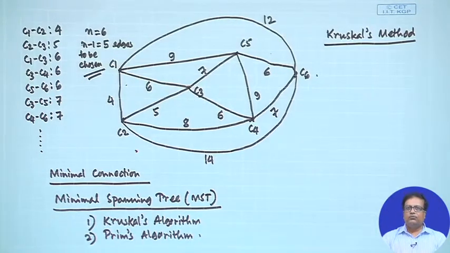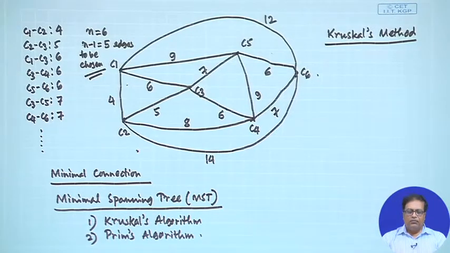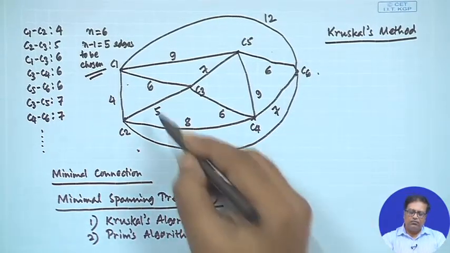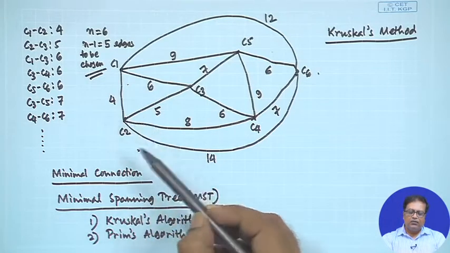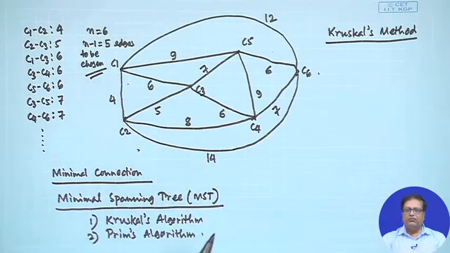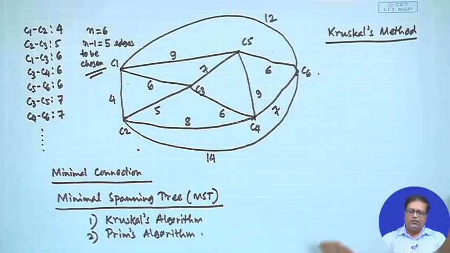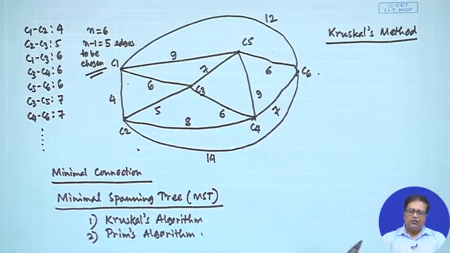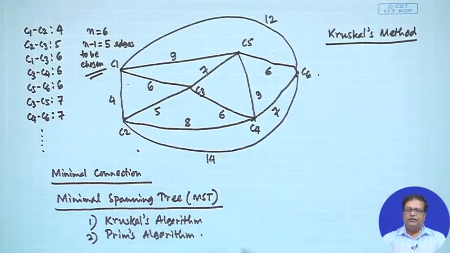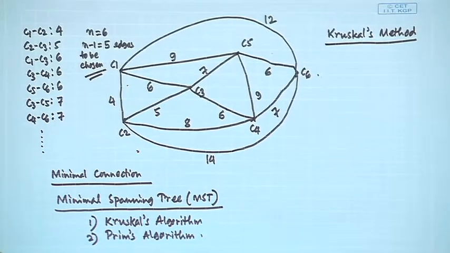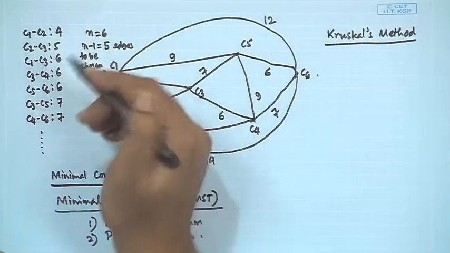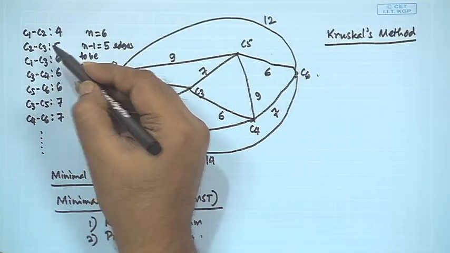We have to choose only 5 edges, because total number of vertices are 6, and out of 6, we can have only 5 to form what is known as the minimal spanning tree.